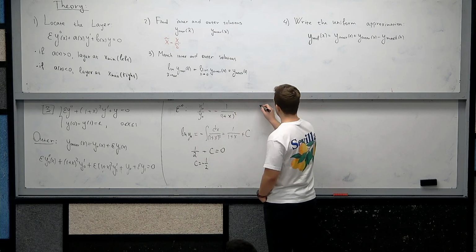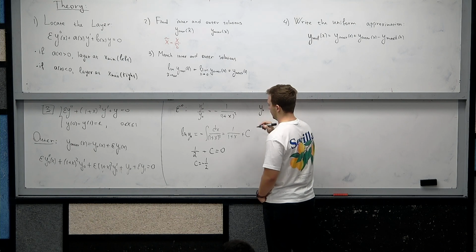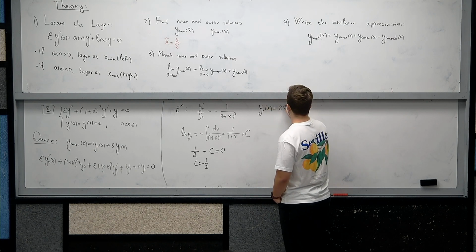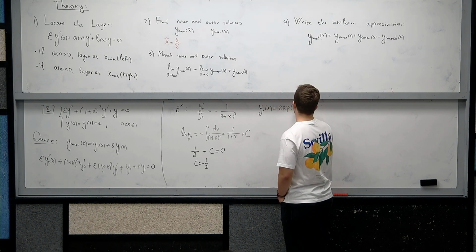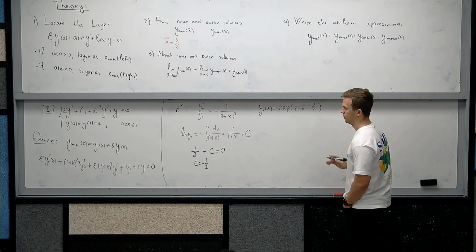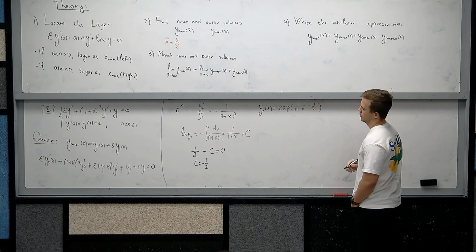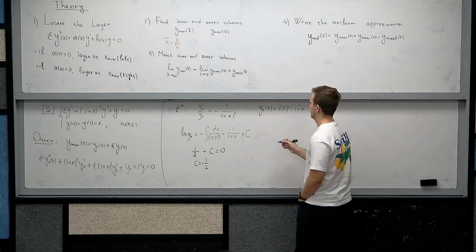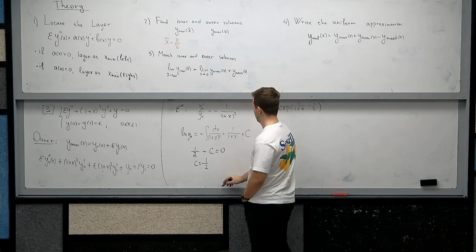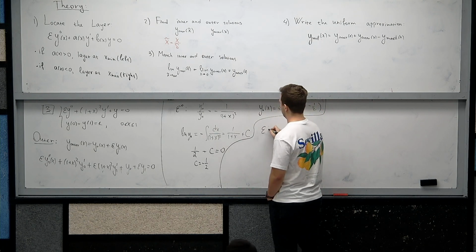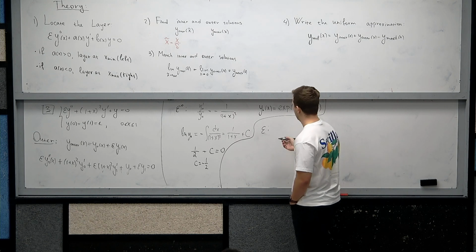Okay, so our leading term in outer solution is exponent of 1 over 1 plus x minus 1 half. Okay. Now let's go to the next order correction. So to the epsilon to the first power, what do we have?